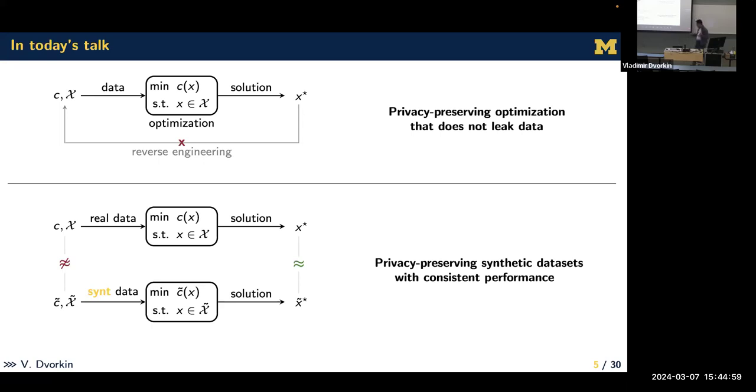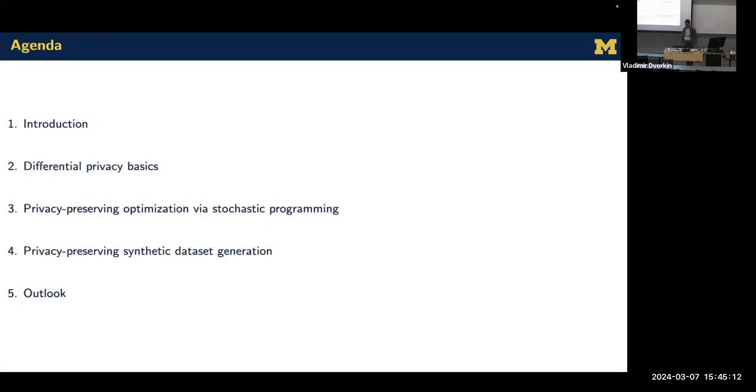So a private synthetic dataset is one that is generated based on real data, but not disclosed, and at the same time it produces optimization outcomes consistent with the real data.